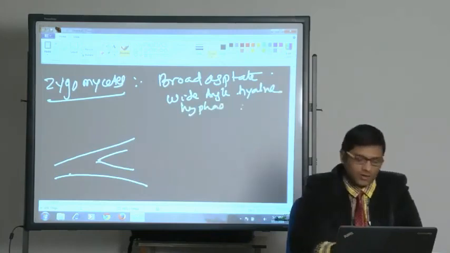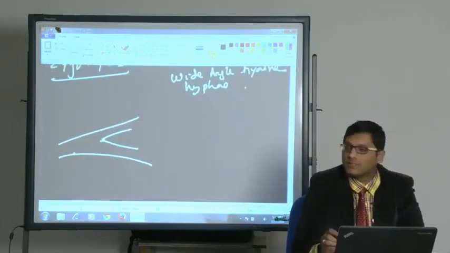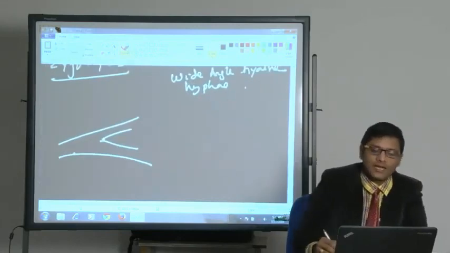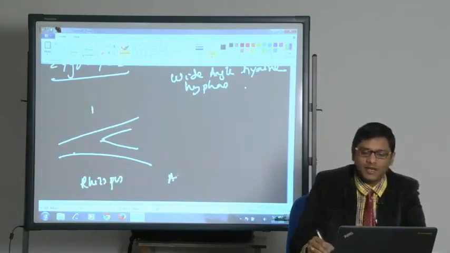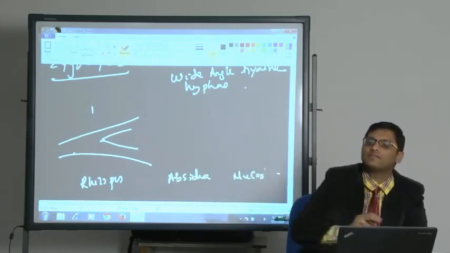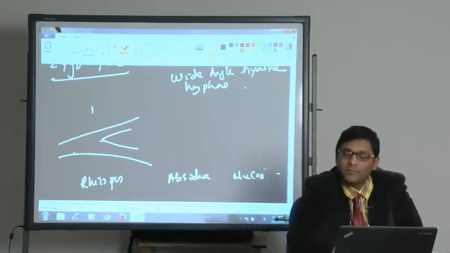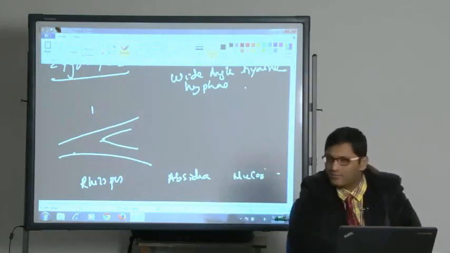So this is the most important difference. Whereas Aspergillus will have a narrow septate hypha. Zygomycetes have three types: Rhizopus, Absidia, and Mucor. These can be differentiated from each other by the presence or absence of a structure called rhizoid.